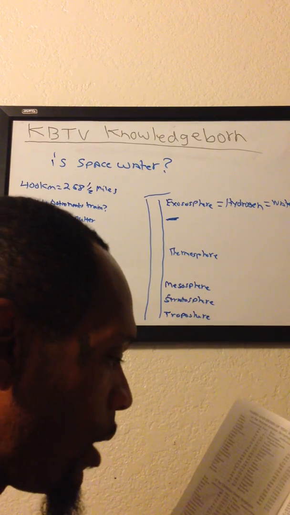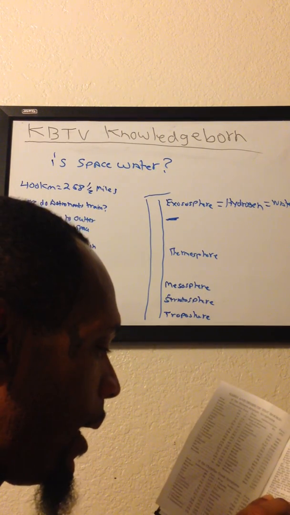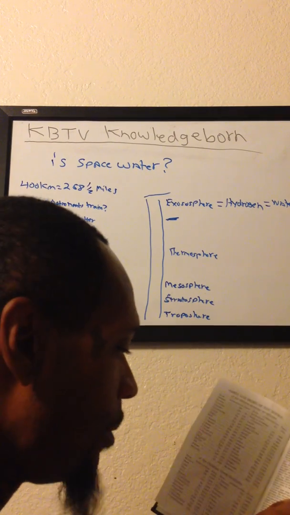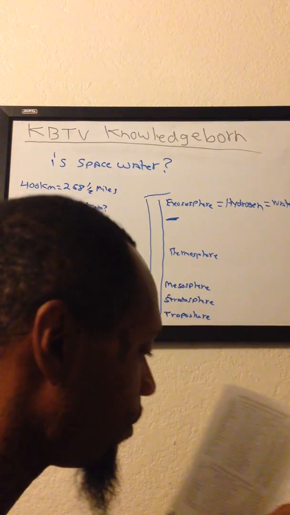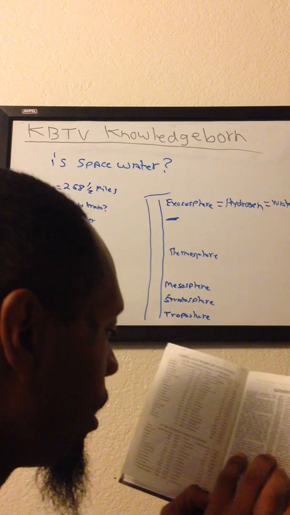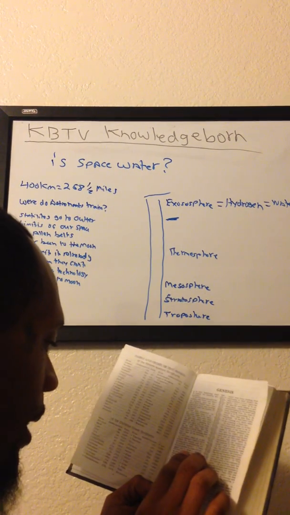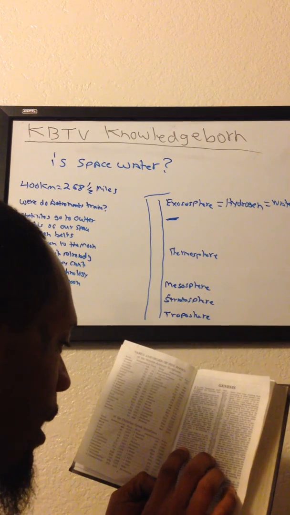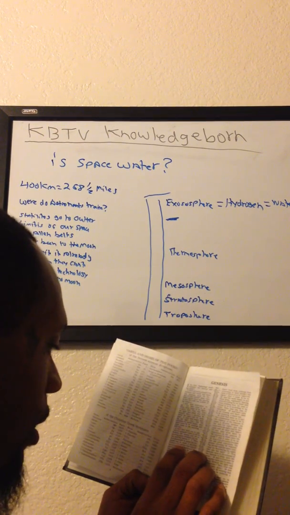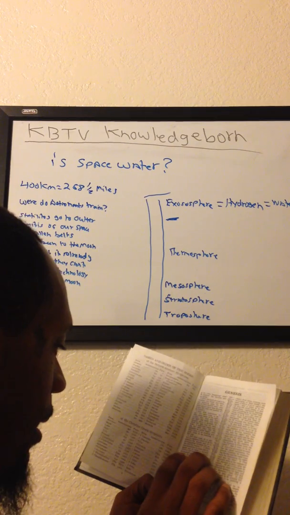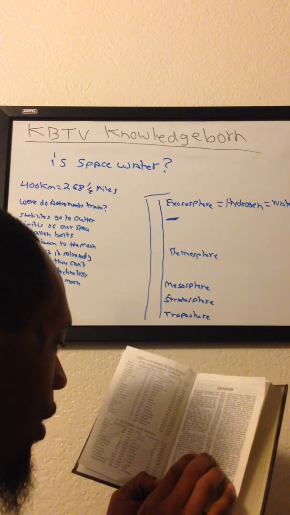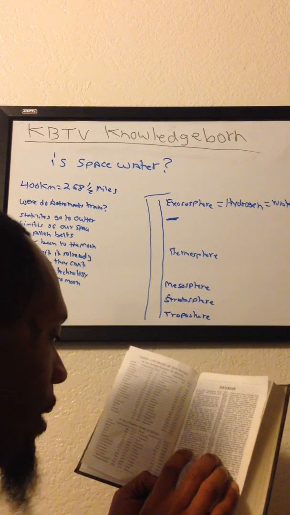And God went on to say, let an expanse come to be in between the waters, and let a dividing occur between the waters and the waters. Then God proceeded to make the expanse and to make a division between the waters that should be beneath the expanse and the waters that should be above the expanse.